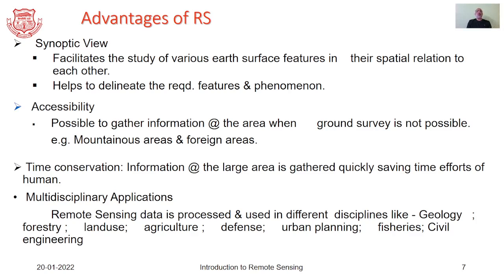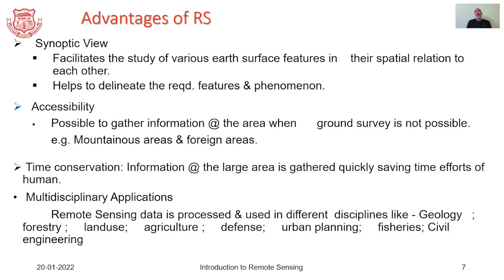It also helps to delineate the required feature and the phenomenon. As we discussed the basic principles of surveying, we understood that surveying is an art of determining relative positions of various points on, above and beneath the surface of the earth. And the basic purpose of surveying operations was to prepare a plan or map.